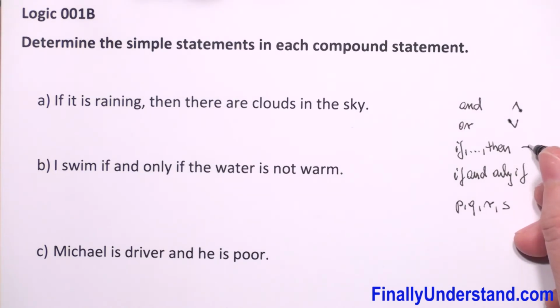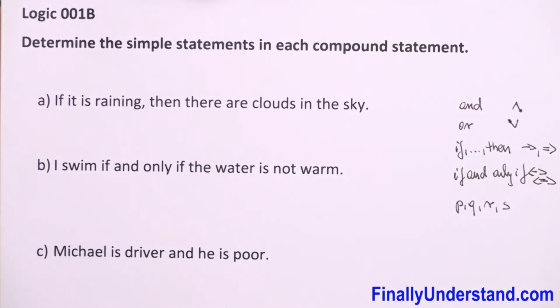Sometimes we have one line, sometimes double, it depends on the book. And if and only if is the same situation. Sometimes in a book we have one line with arrows on both sides, or we have a double line with arrows on both sides. And for simple sentences we use P, Q, R, S.